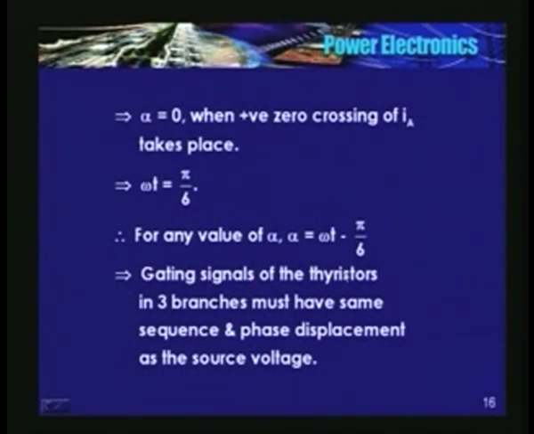See here, gating signals of the thyristors in the 3 branches must have the same sequence and phase displacement as the source voltage. What does it mean?